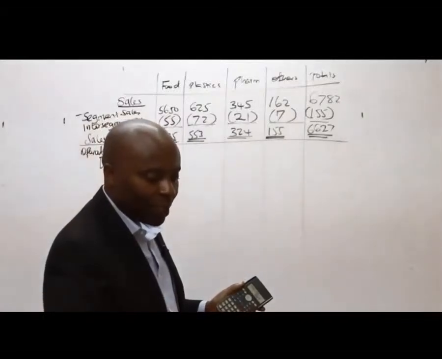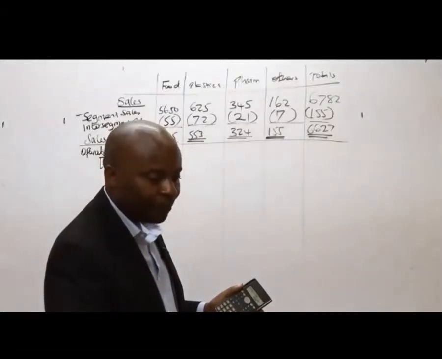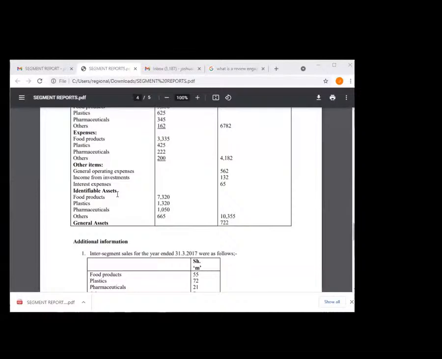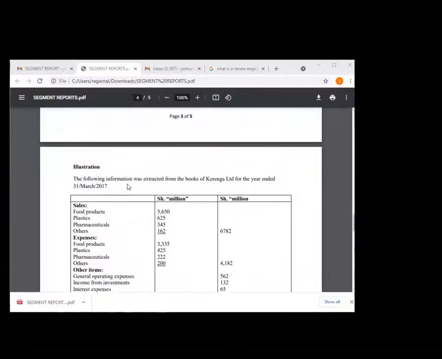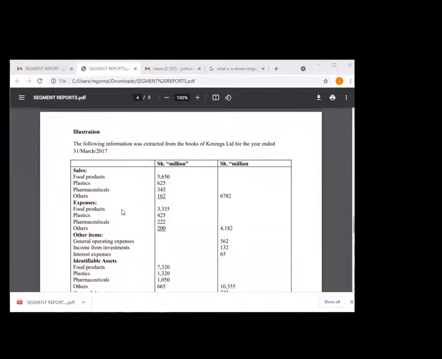So I want to share my screen with you, and then we get to pick this. Now you can see here, how do we get the operating profit for segment number one? If it is the food segment, I can see the revenue for food is 56.50, and the expenses for food are 33.35.